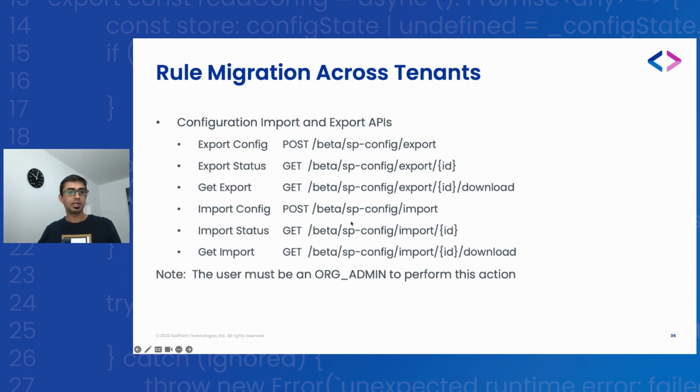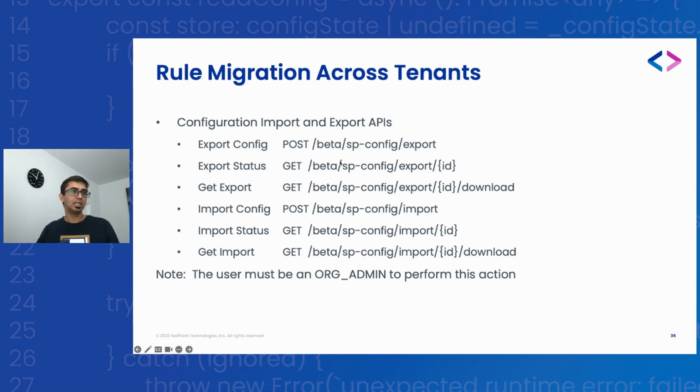These are the APIs that are available to migrate configuration from one tenant to another. Similar to the creation of the rule, we have the export configuration API, where we can export the configuration. This API does support other objects as well. It supports export of the sources, identity profiles, rules, and other objects.